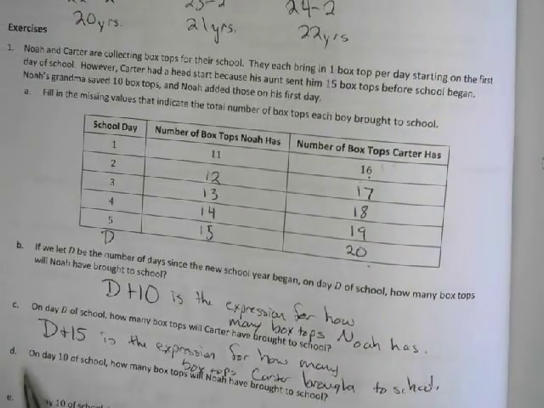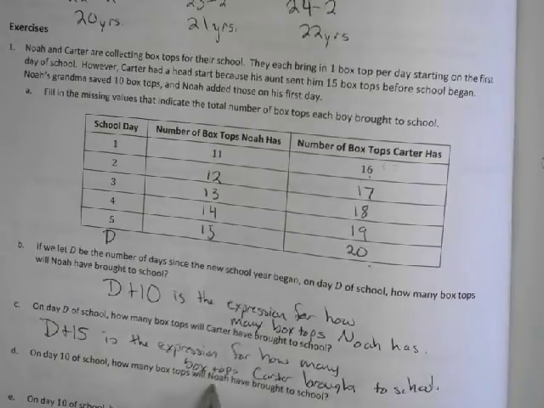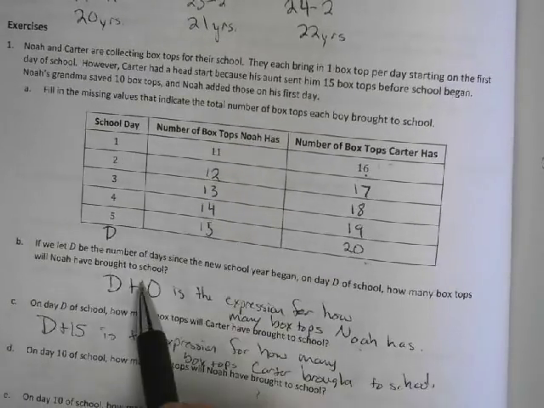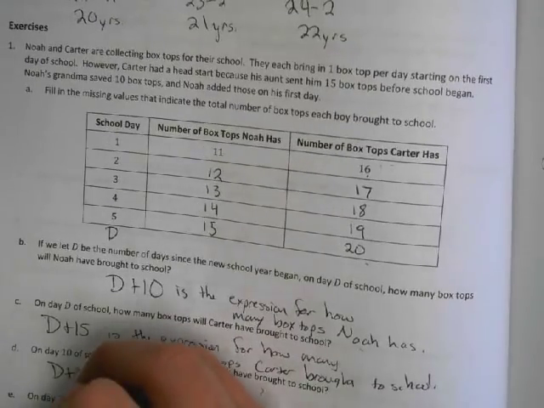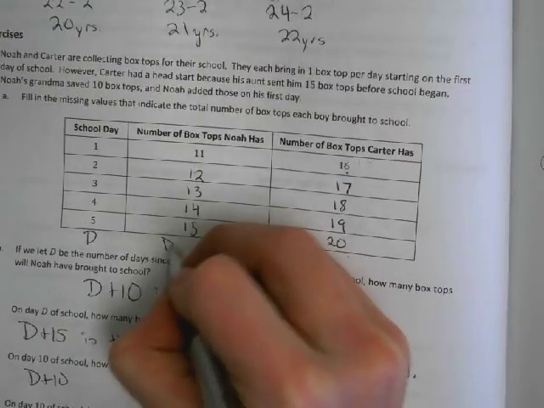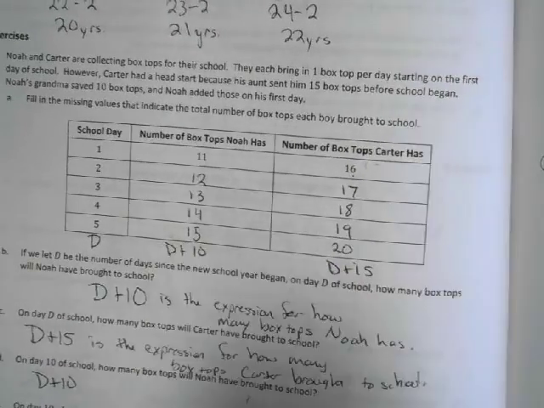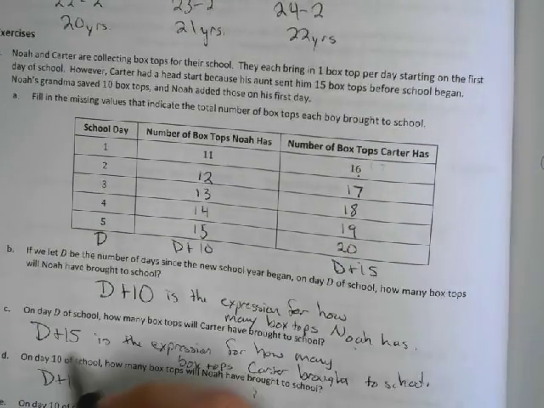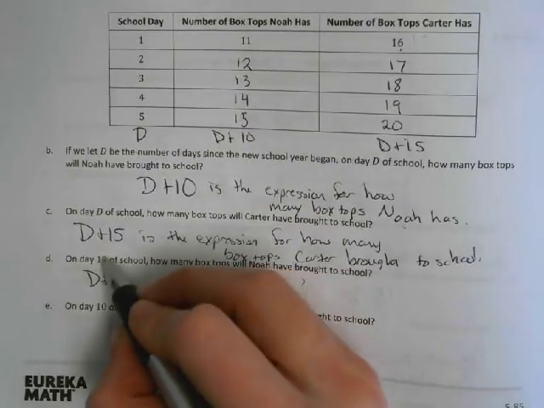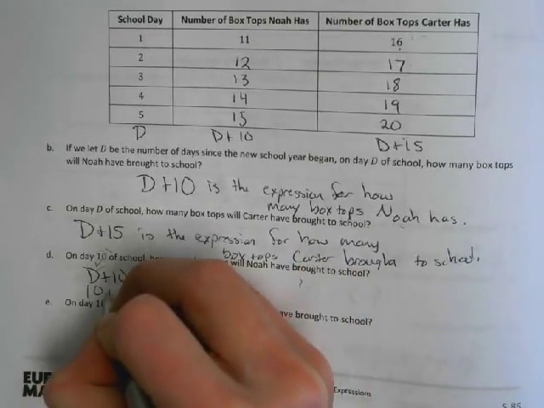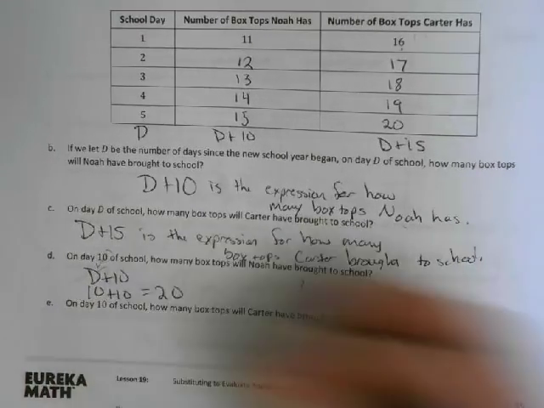So then it asks us, on day 10, how many box tops will Noah have brought to school? So I go to Noah's equation. So this is Noah's equation right here, D plus 10. So Noah's is D plus 10, Carter is D plus 15, so my number of days. And then it tells me that the number of days is 10. And so what I'm going to do is take my 10 and plug it in for D. And so that is 10 plus 10, that gives me 20.